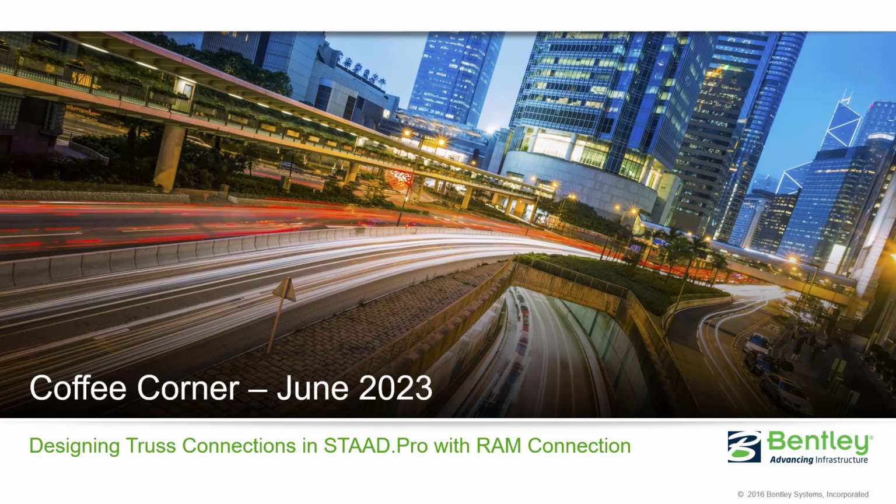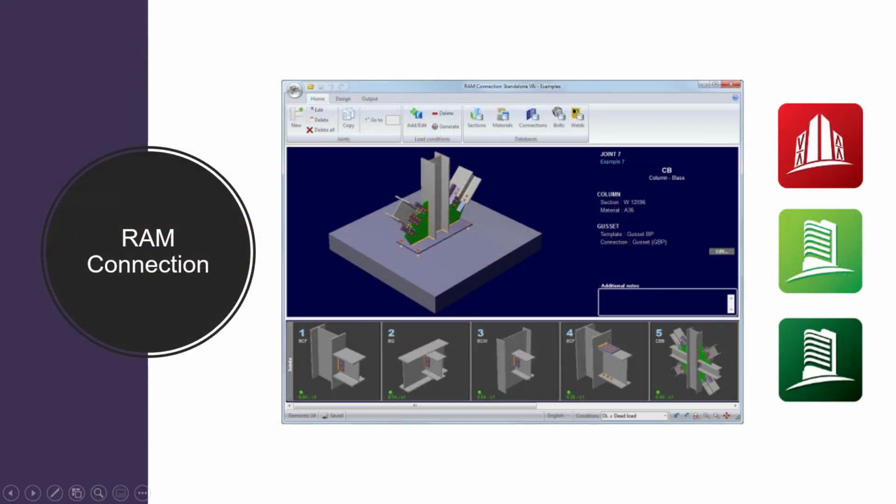This is June 2023. And what we're going to be showing you today is how to design truss connections in STAAD.Pro with RAM connection. Now, RAM connection is a design program that you can use to rapidly design, optimize, or verify steel connections according to a variety of US and international design codes.